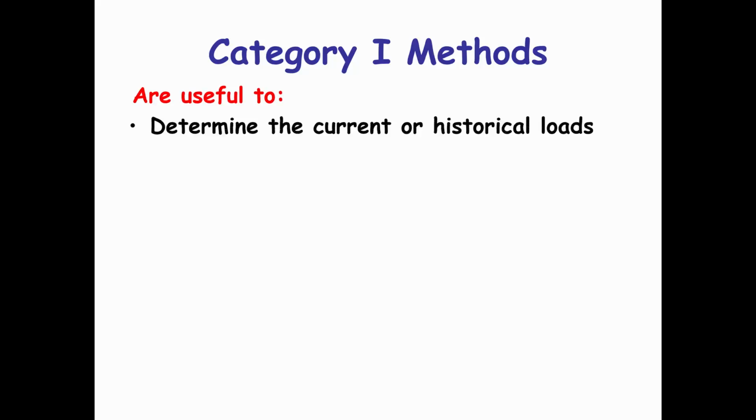Category 1 methods are useful to determine the current or historical loads that have occurred in a watershed. And the reason why they're used for doing current or historical loads is that you need to have data. And so the data has to exist from either current conditions or from historical record.